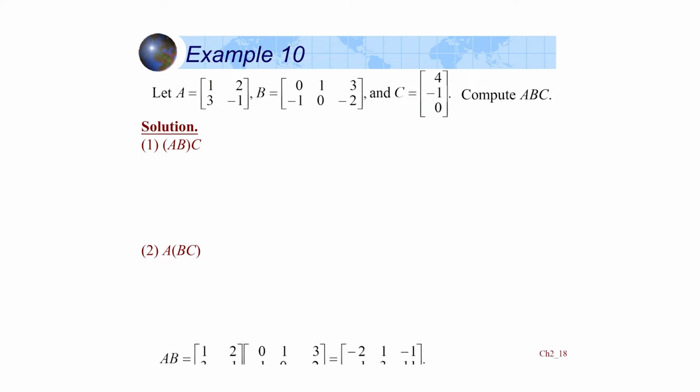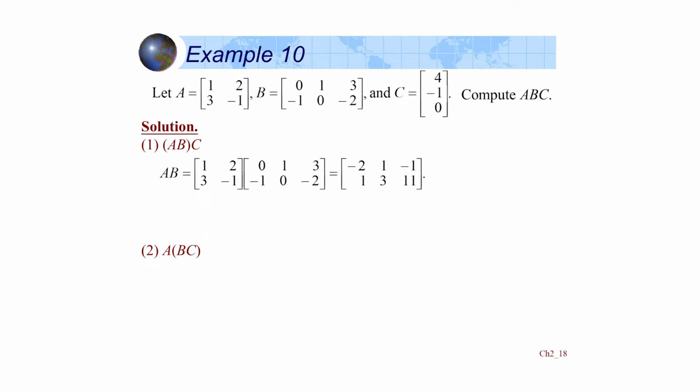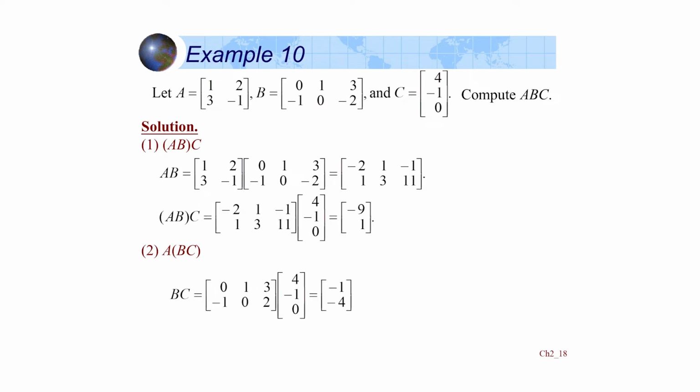Let's see how many multiplications we use. For AB we use 12, I think. Okay, so 12, and for the last we use another 6, so 18 multiplications.